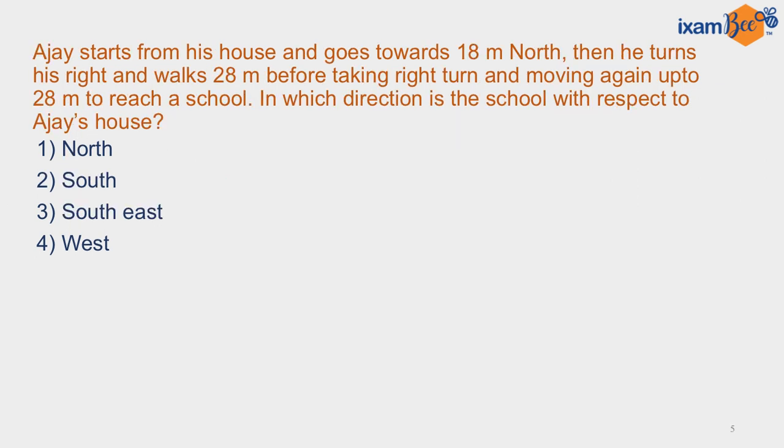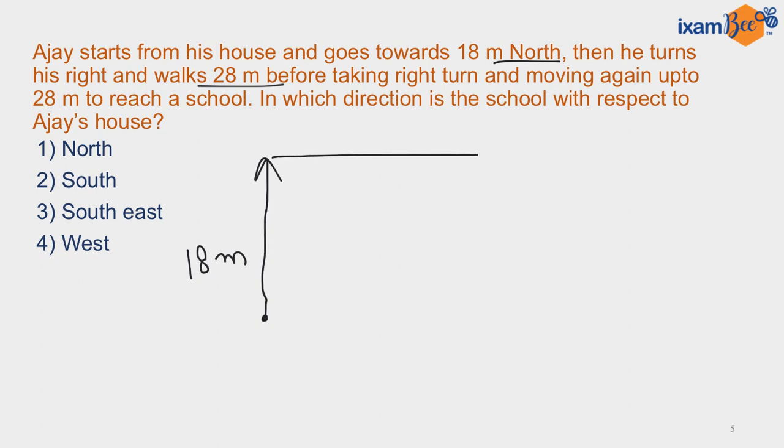In the next question, Ajay starts from his house and goes 18 meter towards north. So this is Ajay's house and he goes 18 meter in the north direction. Then he turns to his right and walks 28 meter.